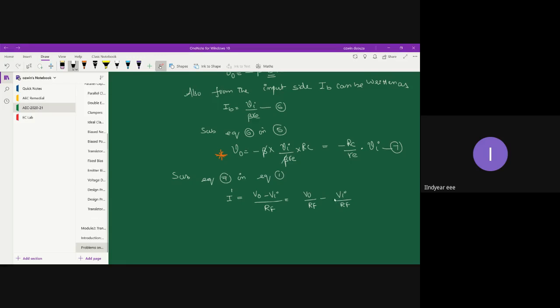And that is equal to, you can write the expression for V naught here. What is it? V naught expression, negative Rc by Re into Rf. Since there is no space here, let me write.